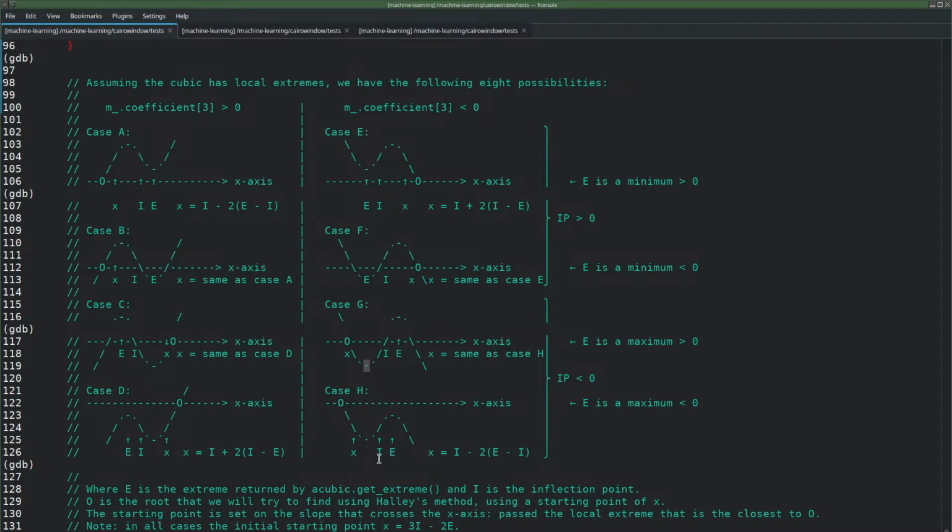So what I wanted to do was e minus 2 times e minus i. Now e minus i is going to be positive, and the distance from this extreme to the inflection point is the same as from the inflection point to this extreme. So if you subtract this one time, you get that one.